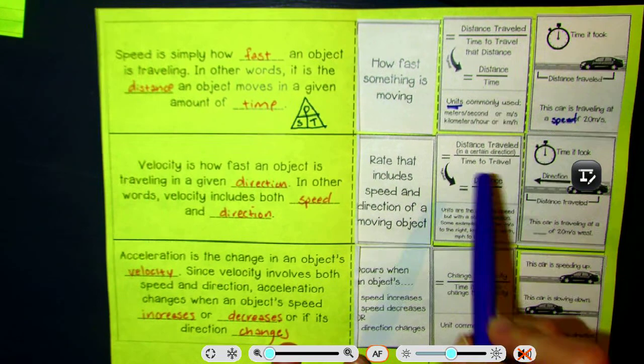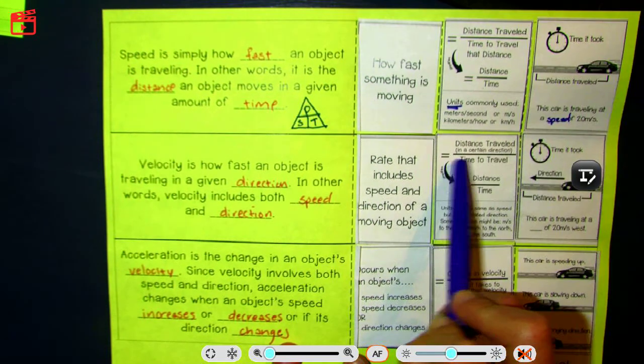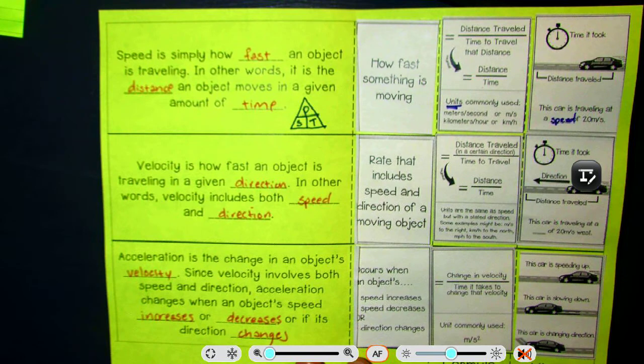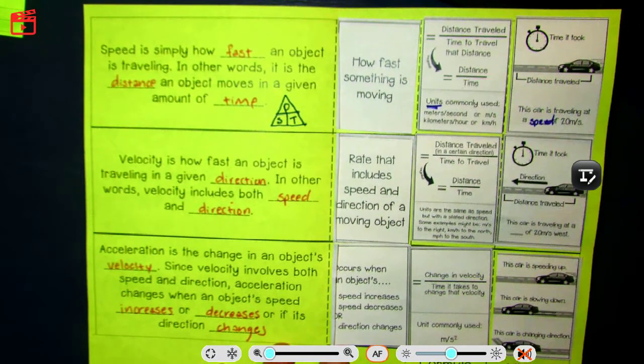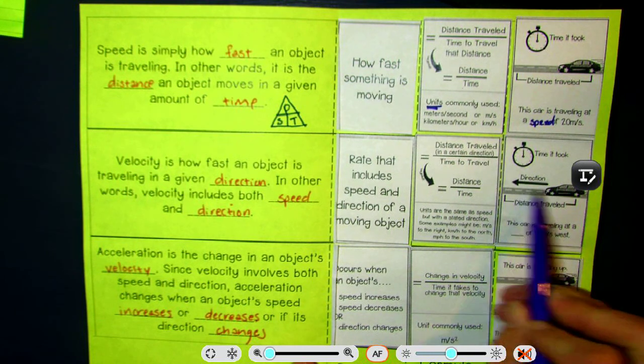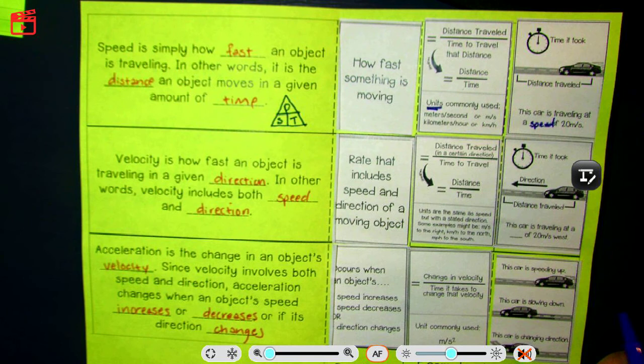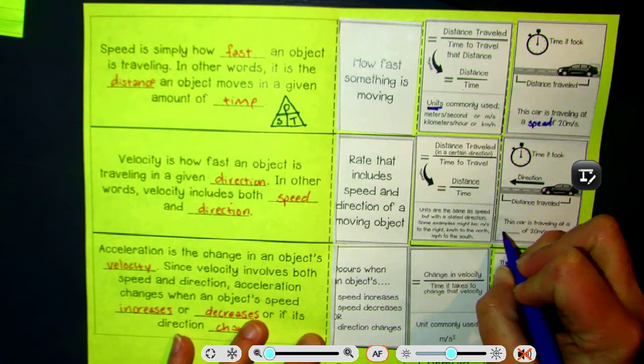Now, we look, it's almost the exact same formula up here, but we've included a certain direction. All right, so now our picture over here, they added direction in. That's all that we added. Same picture, added that. So this car is traveling at a velocity.